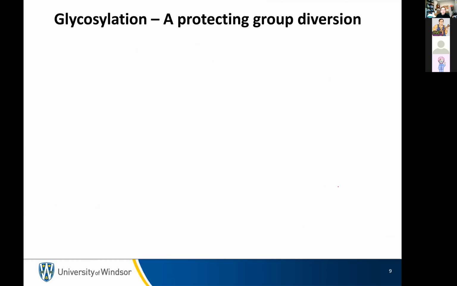Okay, so in general, if we're thinking about protecting groups, there are really 4 main tools that we can use to protect and deprotect. We can use acid sensitive groups, so we take these off with acid. We can use base sensitive groups, which we take off with base.